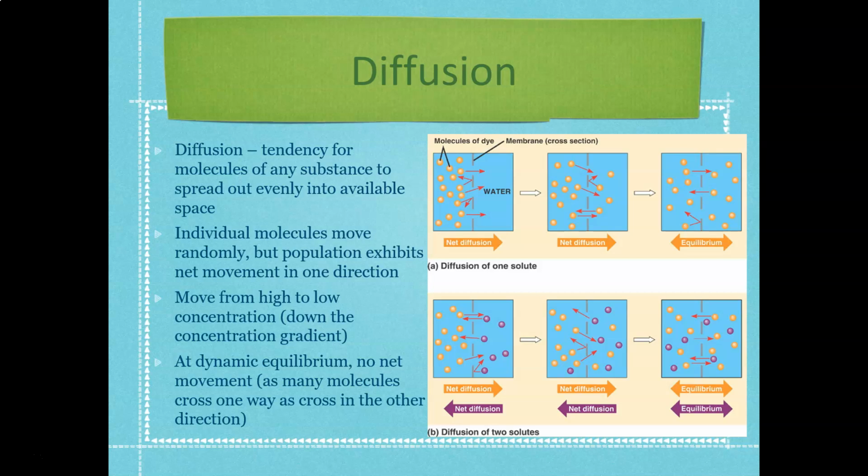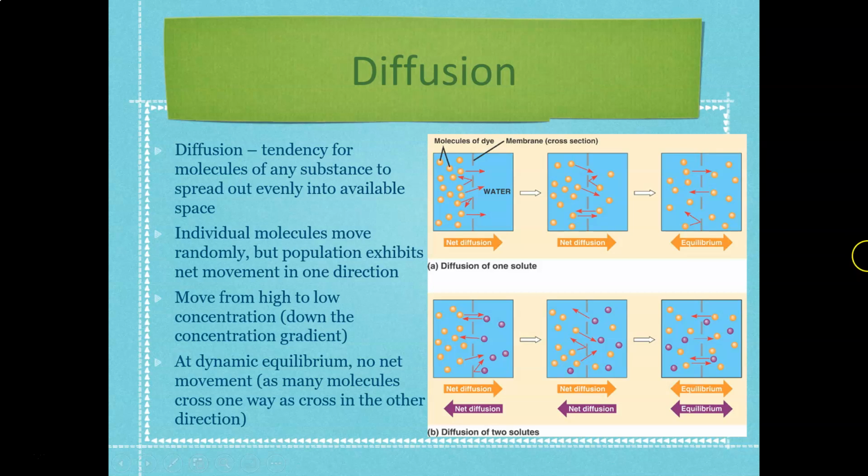So when we talk diffusion, it's just the tendency for molecules of any substance to spread out evenly in the space that it's provided. What does that mean? That means that wherever that initial drop of dye occurs, or that initial spray of perfume happens, or the initial deposit of some solute occurs in an environment around a cell, those molecules are going to go from where they are highly concentrated, right?